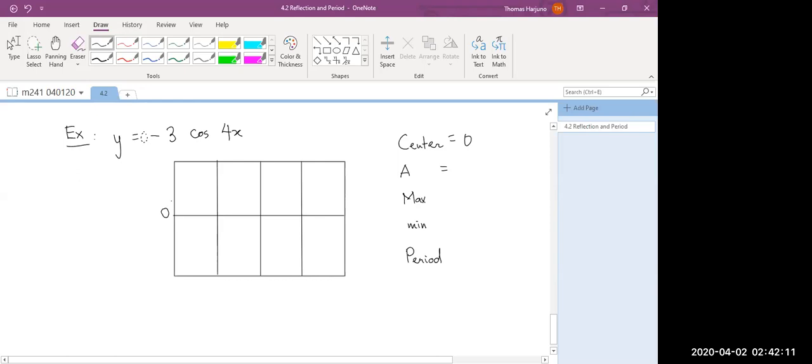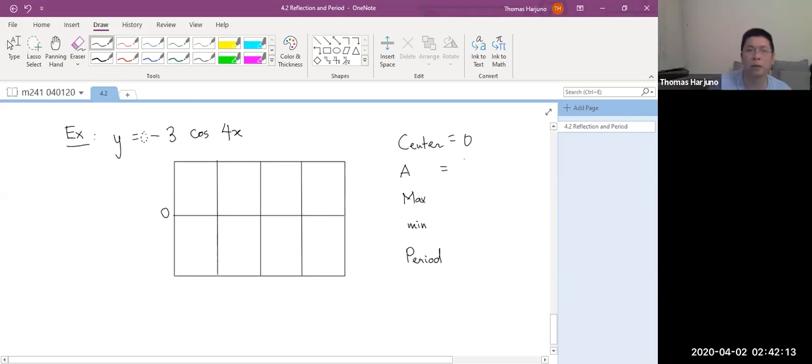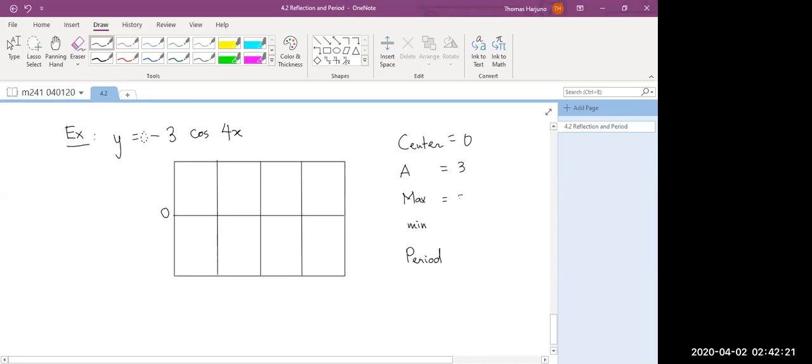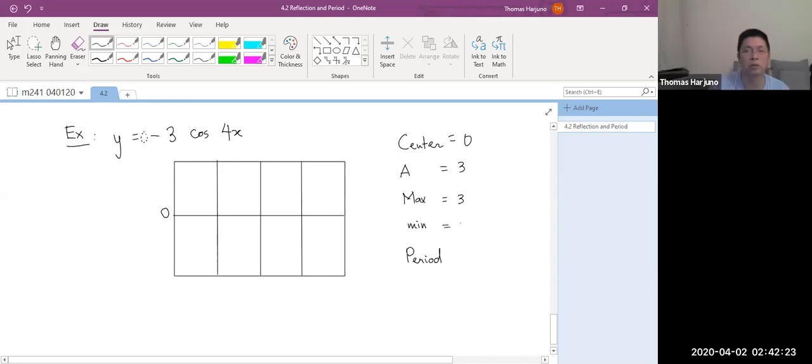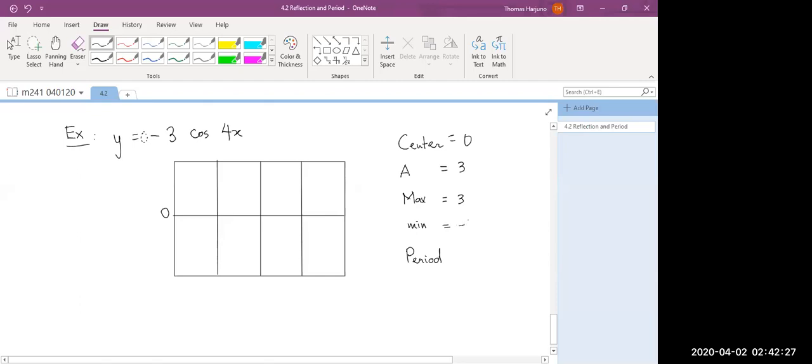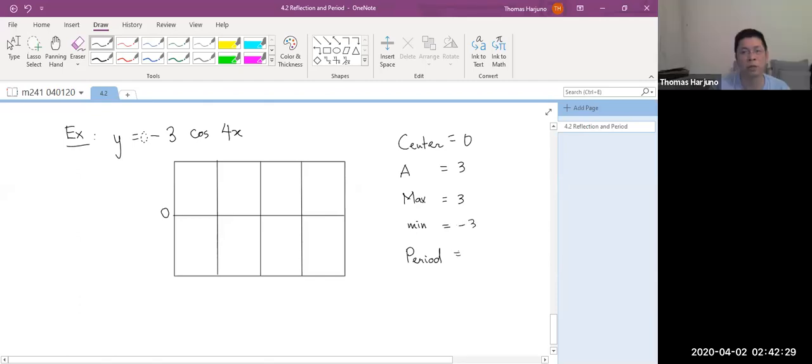Almost right. 3. Amplitude is always positive. So if you see -3, use the positive one. How about the maximum? 3. Yeah. And the minimum is -3.